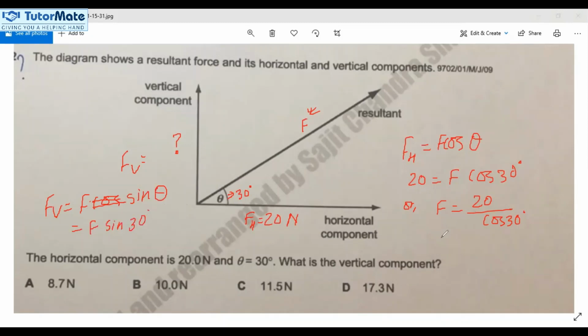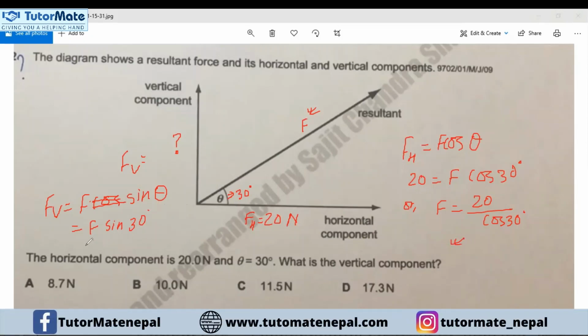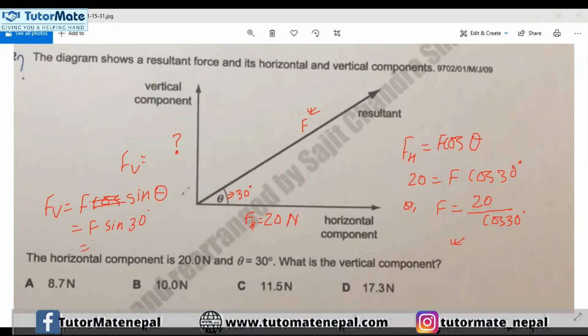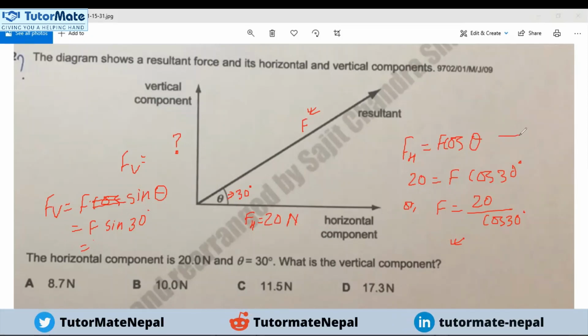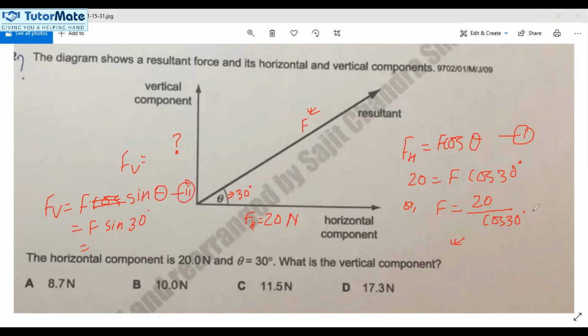Once you find the value of F, the same value should be used in this equation for Fv. So what is the value of F in equation first? 23.09 Newton.